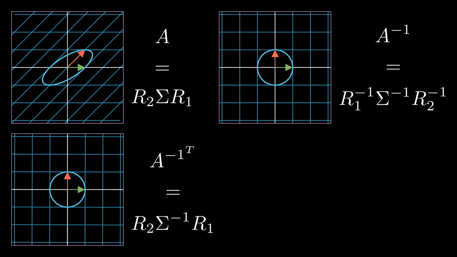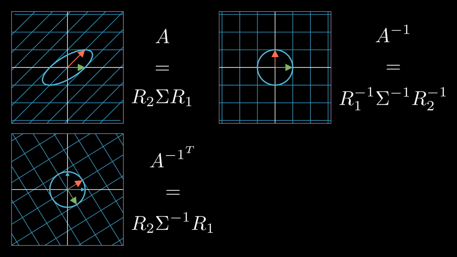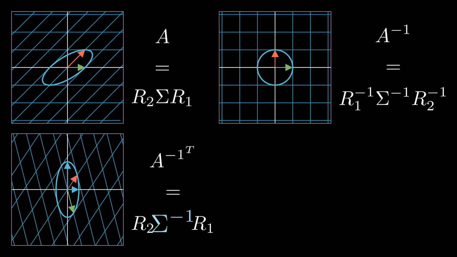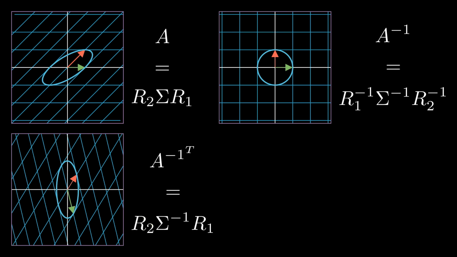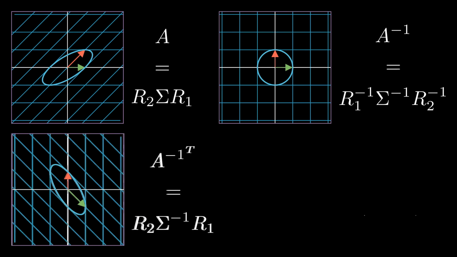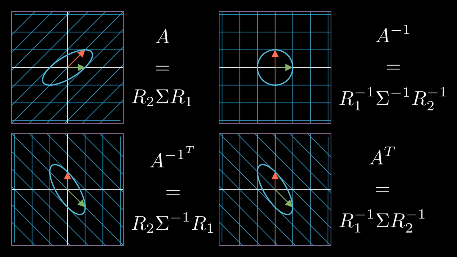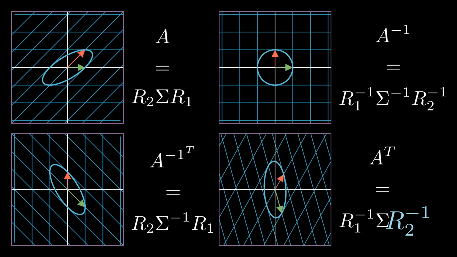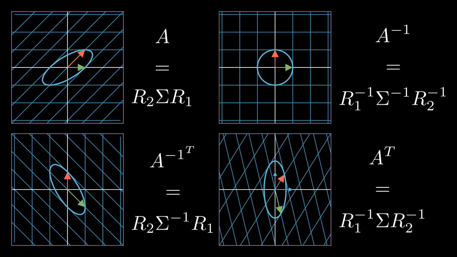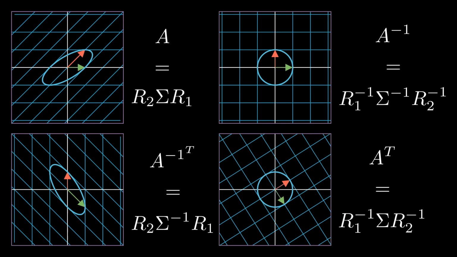Now the transpose of the inverse of A is going to do the same initial rotation, but then the reverse scaling, and then the same final rotation. And finally, the transpose of A is going to undo the second rotation, but then do the same scaling as A, but then undo the first rotation.